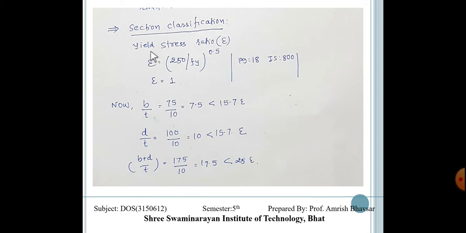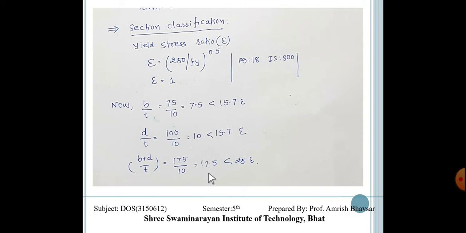Now the section classification for the compression member as an angle: first, b upon t is 75 upon 10, that is 7.5, which is less than 15.7 epsilon. Second, d upon t is 100 by 10, that is 10, which is less than 15.7 epsilon. And third, b plus d upon t is 175 by 10, that is 17.5, which is less than 25 epsilon.